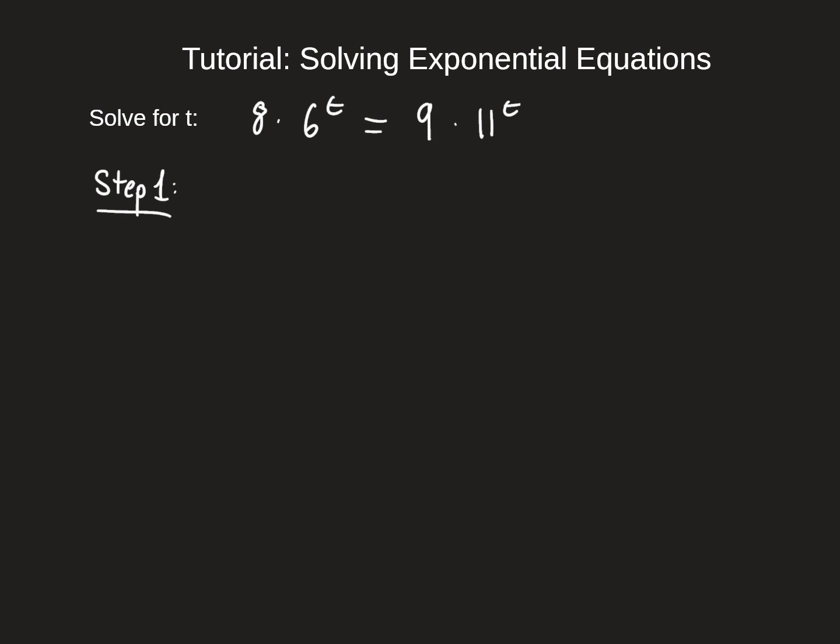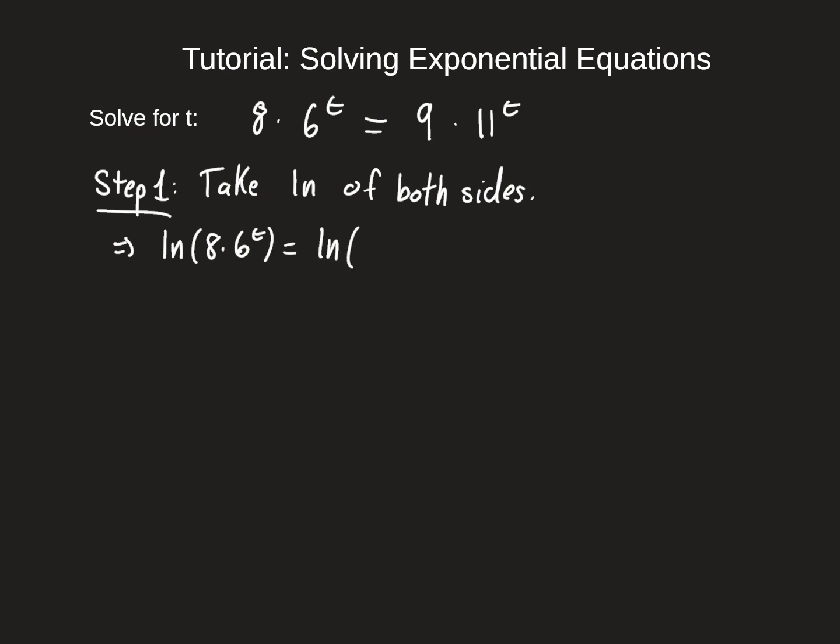The first step that I suggest taking is to always start by taking ln of both sides. If you do this, you'll see that we immediately get ln of 8 times 6 to the power t is equal to ln of 9 times 11 to the power t.